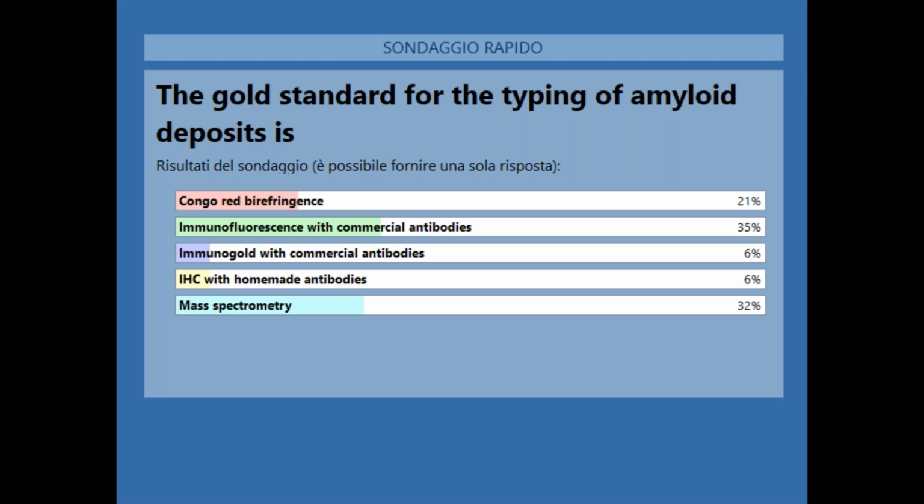Immunohistochemistry with homemade antibodies, as I said, is now widely used after the Heidelberg group produced some quite specific antibodies. But the gold standard to which we have to compare is mass spectrometry.